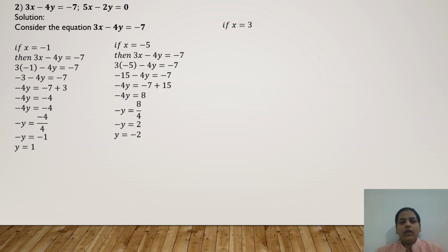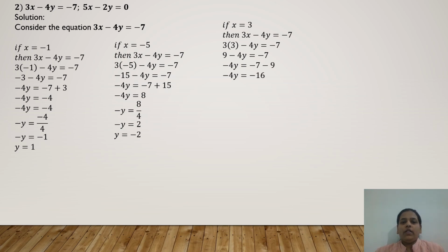We want to calculate the third ordered pair. In the third ordered pair, the value of x is 3. Then 3 into 3 minus 4y is equal to minus 7. 3 into 3 is 9. 9 minus 4y is equal to minus 7. Minus 4y is equal to minus 7 minus 9.